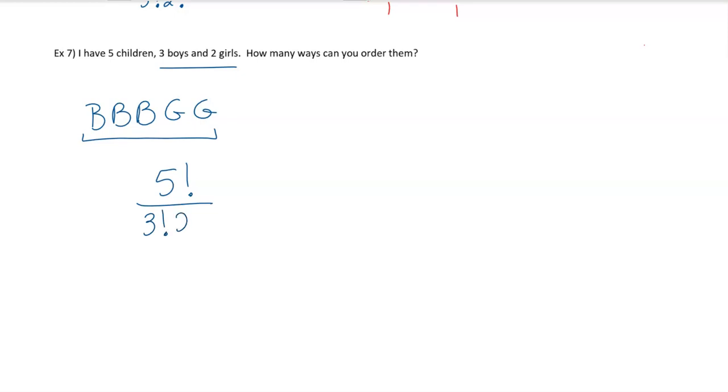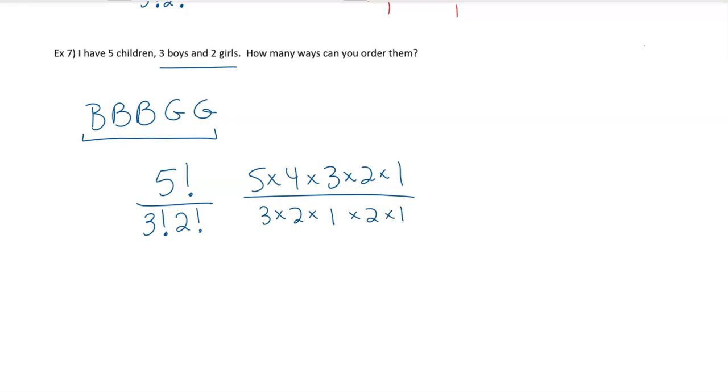And then we have 2 G's. So 5 factorial divided by 3 factorial times 2 factorial. And then we'll simplify. We see that there are 10 ways for the boys and girls in that family to be ordered.